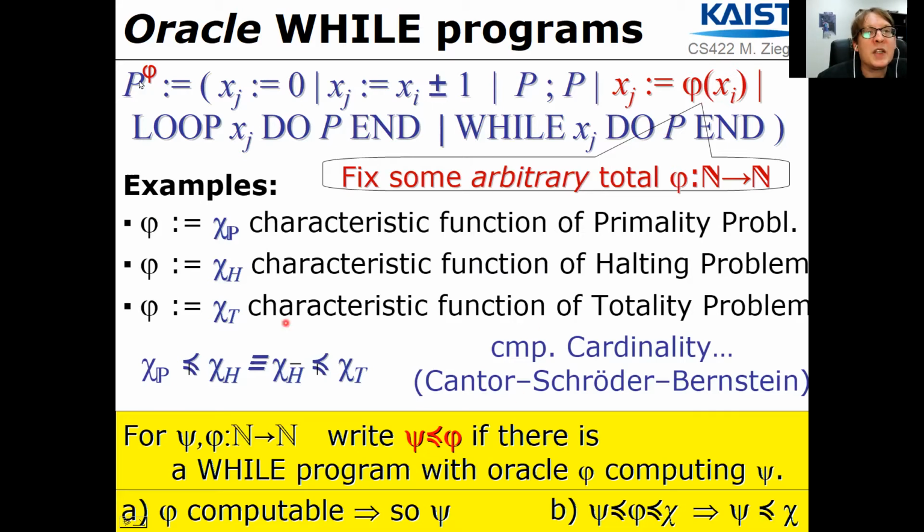And imagine in your favorite programming language that phi is some external library function that somebody else is providing to you without telling you how they have implemented that, possibly even using some miracle, some undecidable or uncomputable function like the busy beaver function, for example.